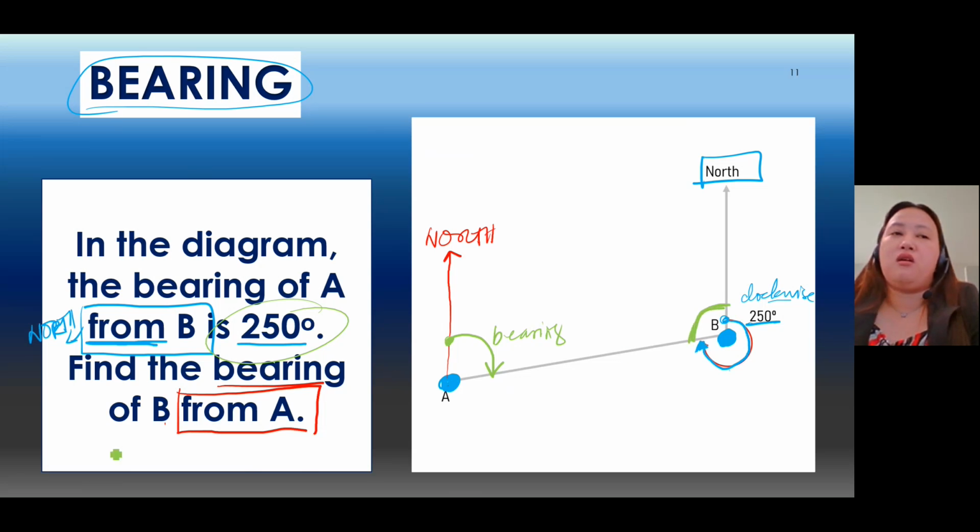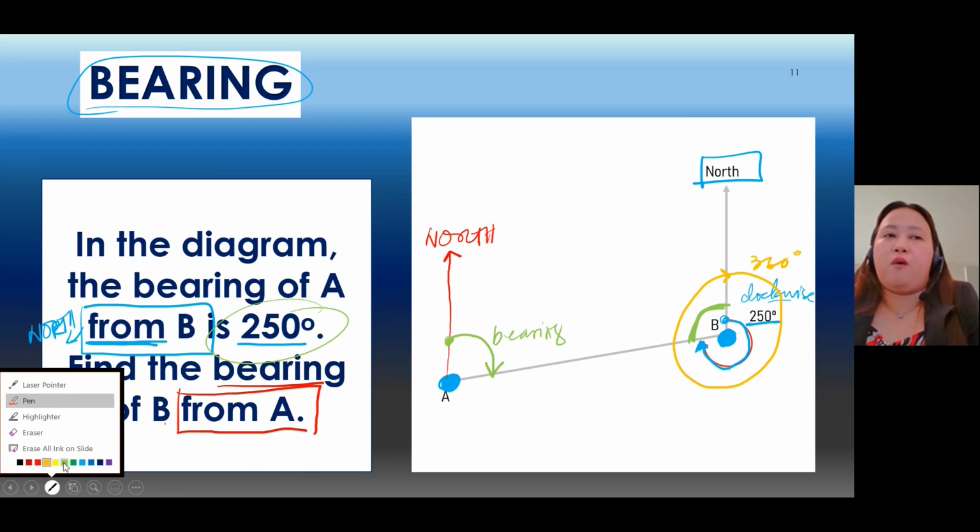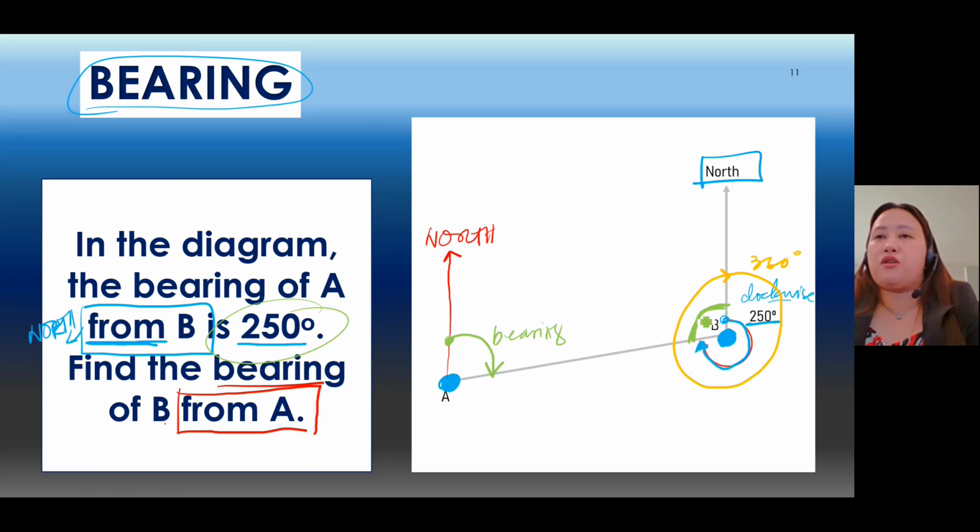Remember when we discussed the kinds of angles, a complete revolution measures 360 degrees. So it will be easier to know the measurement of this angle: 360 minus the given 250. The answer is 110 degrees. So this measures 110 degrees.